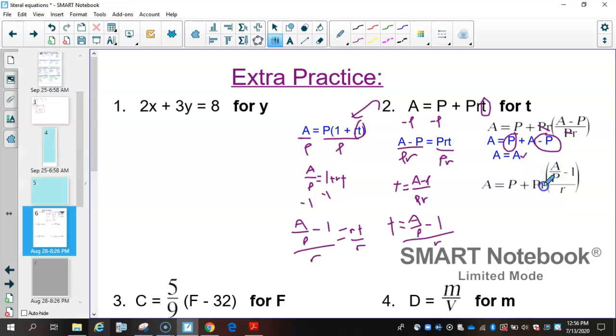So I can divide this R and this R, which would leave, let's see if I can just type it or just write it, A equals P plus P times the fraction A over P minus 1. That was supposed to be a 1. It looks more like a B.